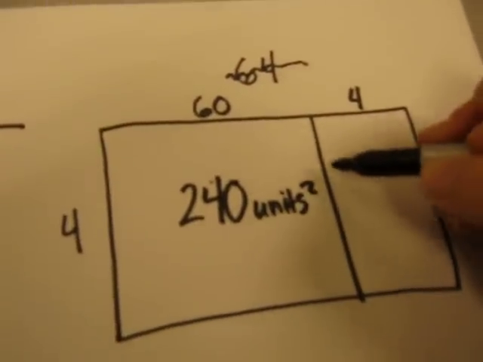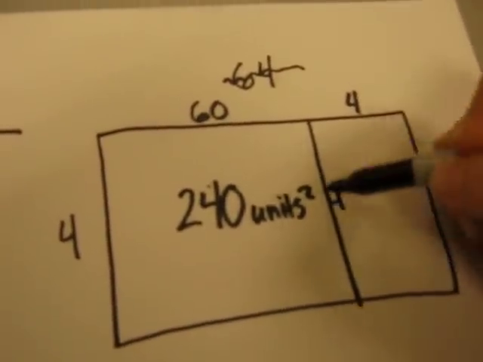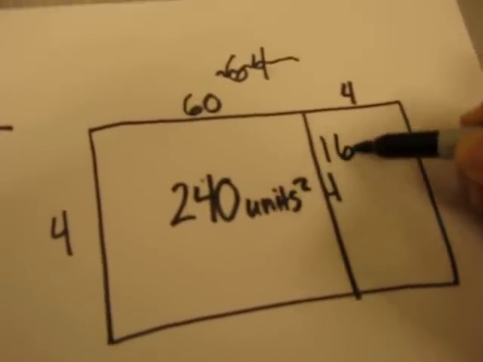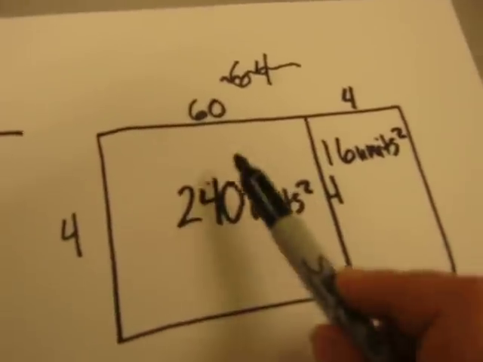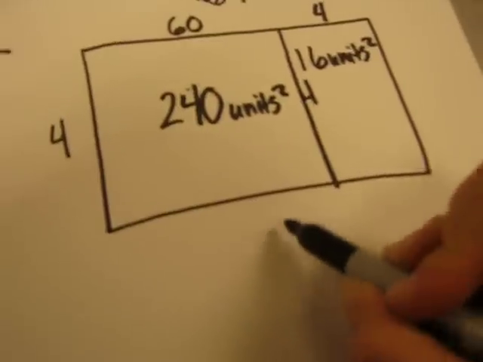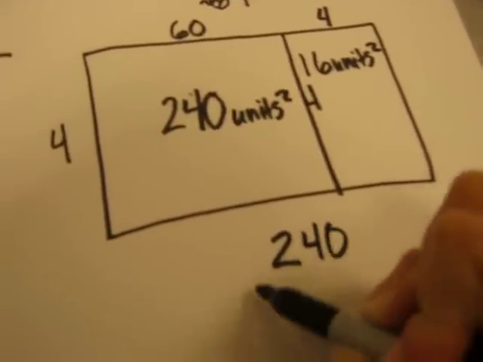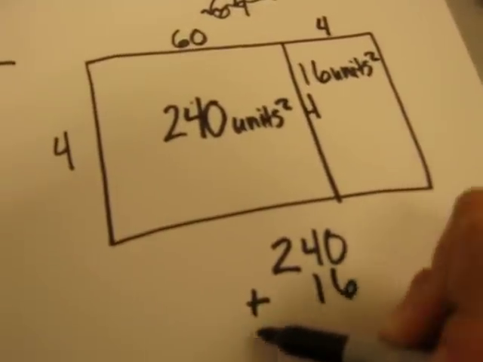Now my bedroom, I know this length is 4 because this length is 4. My bedroom is a 4 by 4. 4 times 4 is 16 units squared. Now, like I said, if I want to know my whole house, I have to add my living room and my bedroom. So I'm going to go over here and make a vertical addition equation. 240 units plus 16 units.